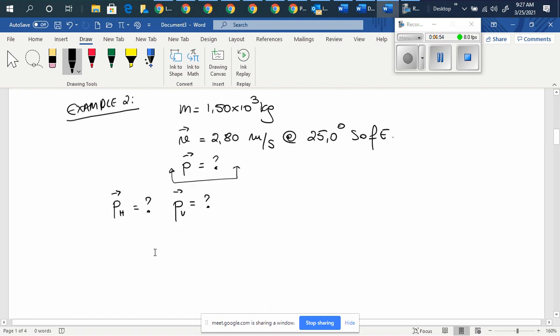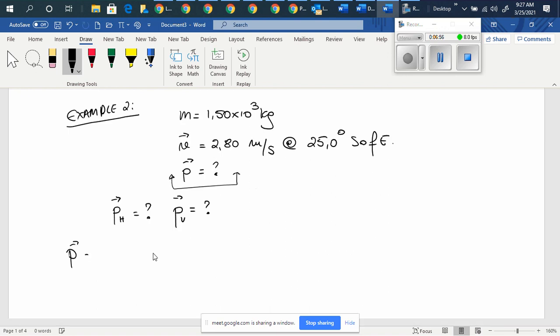So we'll have momentum is mass times velocity, which means that will be 1.50 times 10 to the power of 3. And I'm just omitting the units now, since they are the units that the momentum is accepted, times 2.80, and the momentum is at the direction of 25 degrees south of east.